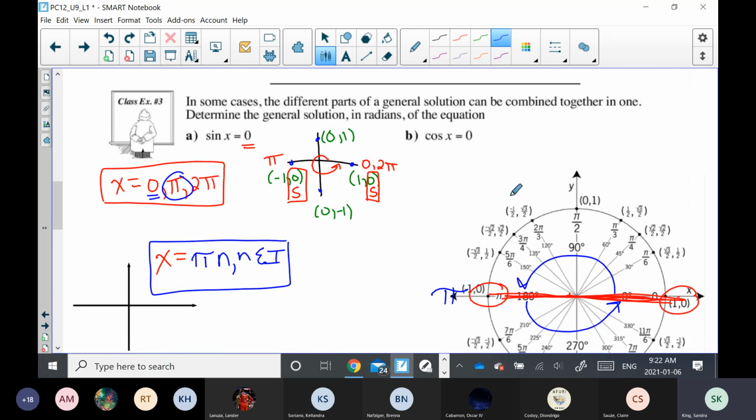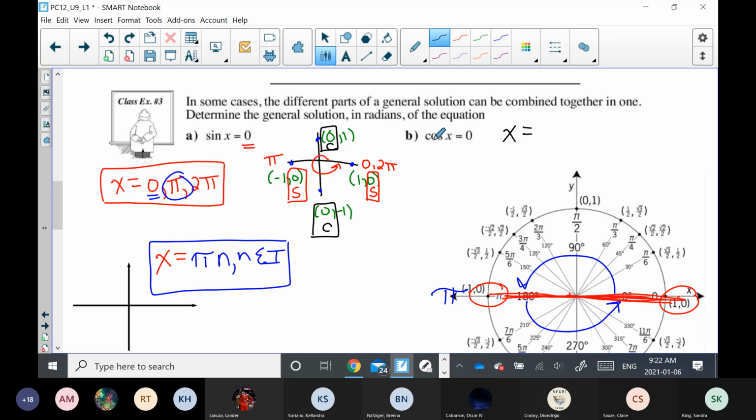So we're going to look at this one now, cos of x. Where is cos of x equal to 0? Let's write our solutions. Cos is our x values, so they want where x is 0. This is going to be a solution, and this is going to be a solution, right?